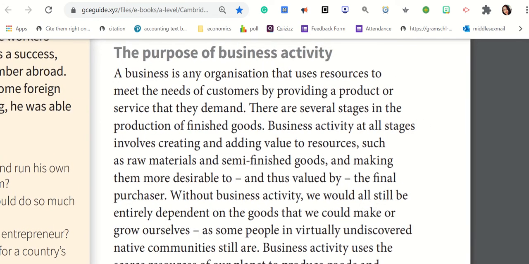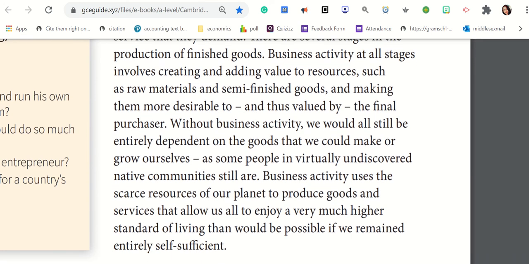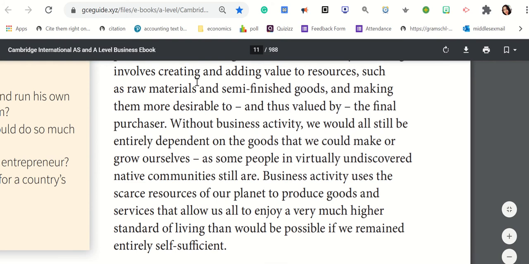So there are several stages in producing a product. So it starts from input to process to output. So business activities at all stages involve creating, adding value to resources such as raw materials and semi-finished goods and making them more desirable to and thus valued by the final purchaser.